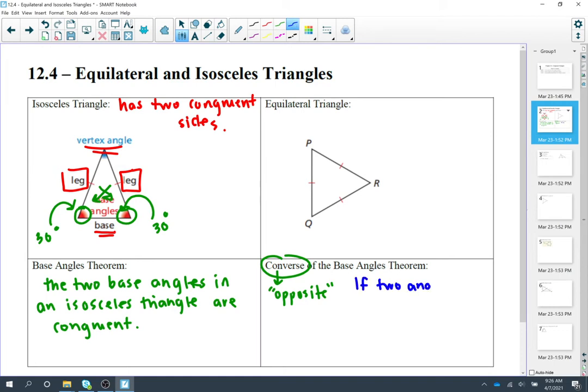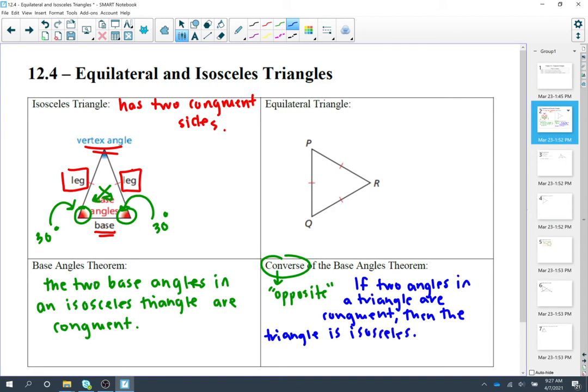two angles in a triangle are congruent, then the triangle is isosceles.